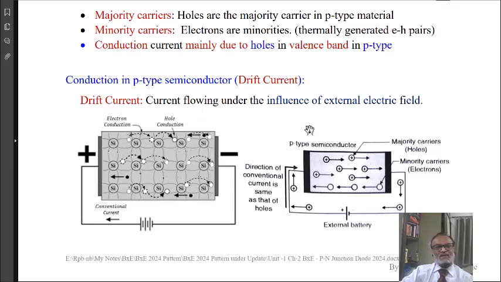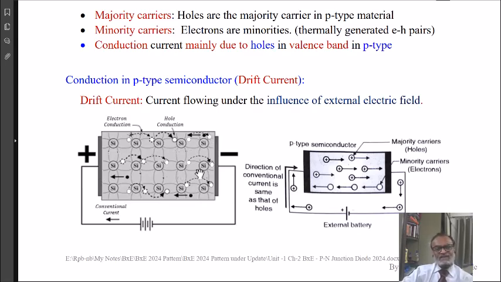Left hand side is positive and right hand side is negative for the specimen as shown in the figure. Then again, holes are attracted towards the negative potential and electrons are attracted towards the positive potential. Since more holes are present in p-type semiconductor, the hole current is larger. Whereas fewer electrons are there in p-type semiconductor, since they are minority electrons generated due to thermal breakage of the covalent bond, their current contribution is less.